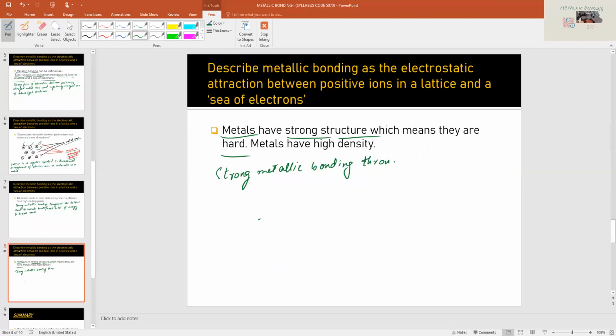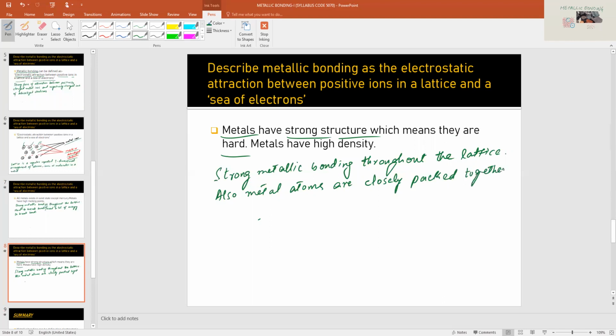Also, metal atoms are closely packed together.